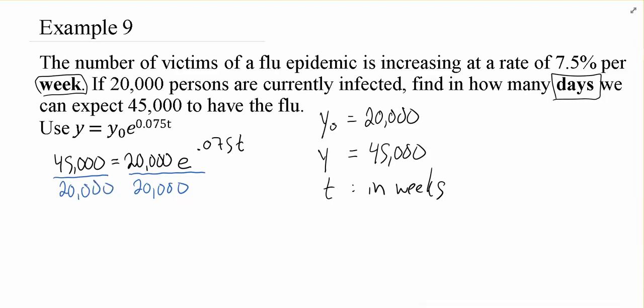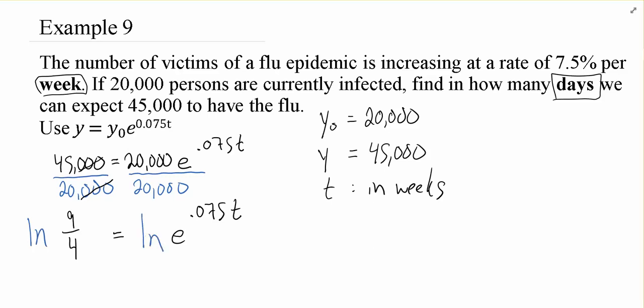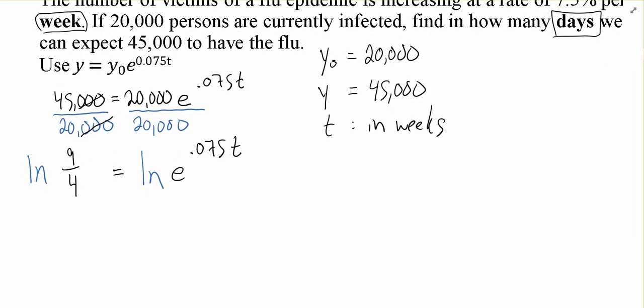And so 45,000 divided by 20,000, the thousands divide out, and then really 5 goes into each of those. So it really just goes down to 9/4 without too much math at all. Now to undo e to a power, we have an obvious choice of natural log, because natural log, remember, is log base e, so it'll actually directly undo this.